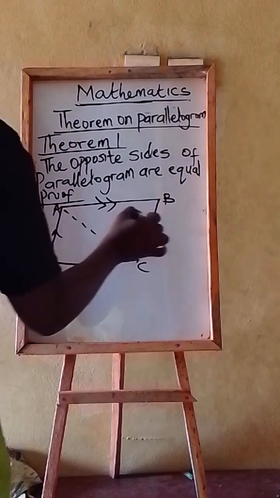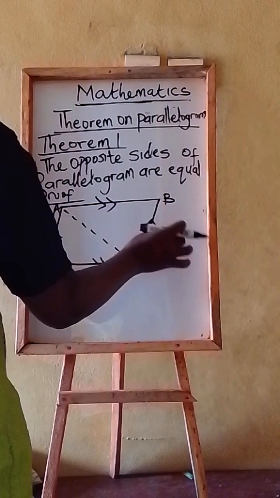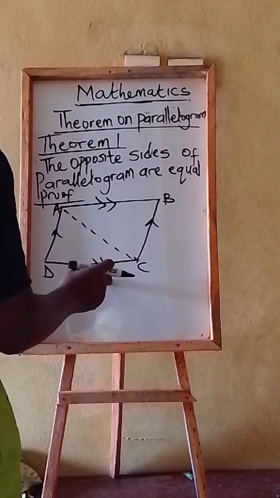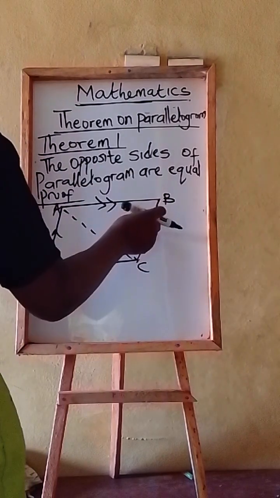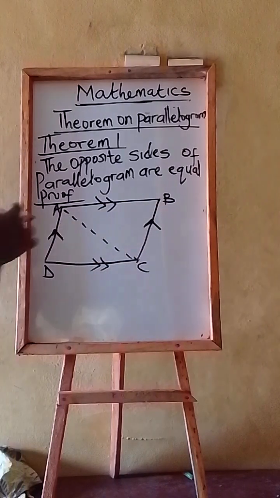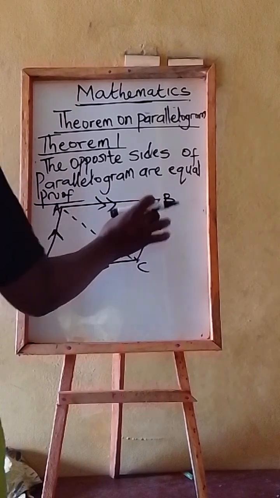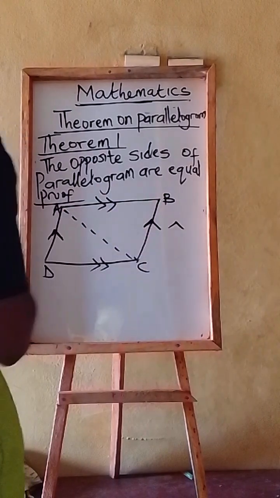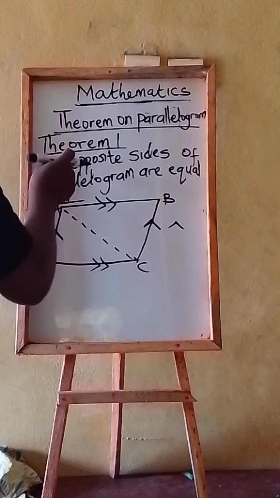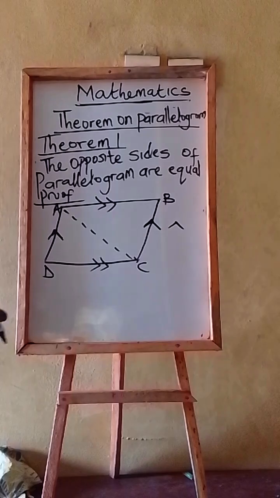Now this sign means these two sides are equal. This side is equal to this side. Whenever you see any sign like this, it's telling us that the length here is equal to the length here.